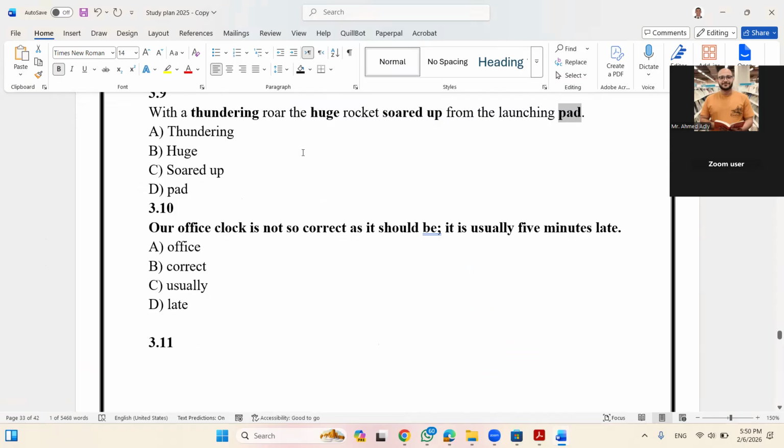Soar here means to fly. When a rocket or a plane leaves land, we say take off. إقلاع. With a thundering roar, the huge rocket took off from the launching pad because this is the first step. It hasn't arrived in the atmosphere. It's not high in the sky, so it can't soar. Soar means to fly without any push, without any power. This is the meaning of soar.